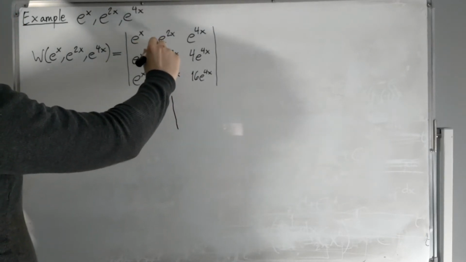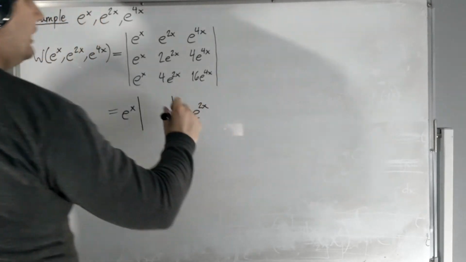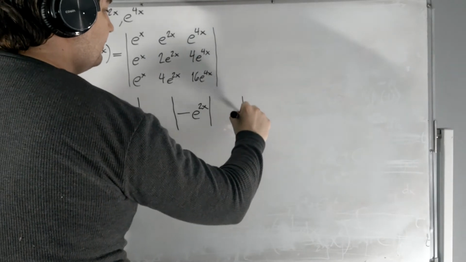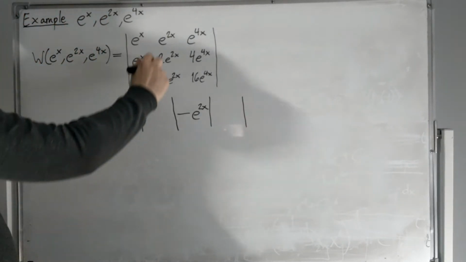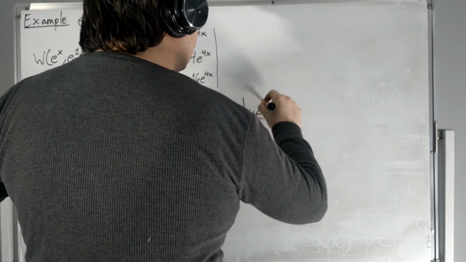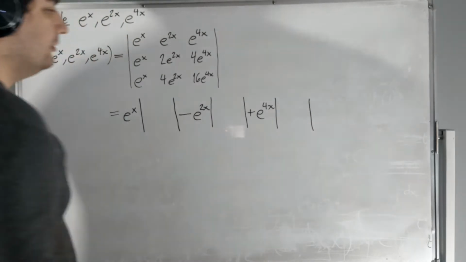Then take minus the first row second column and put a 2 by 2 matrix there. And then take the third element in the first row and take a 2 by 2 matrix there.